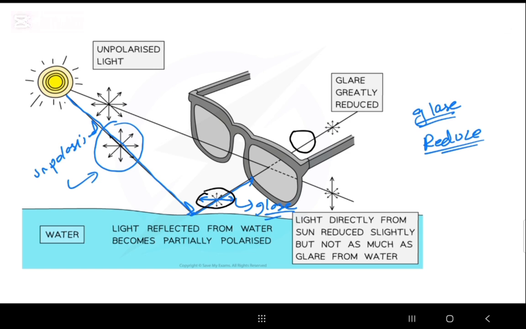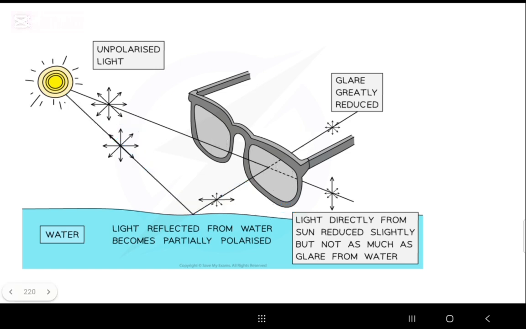So what we do is we want to get rid of this horizontal component. So we're going to wear glasses that are vertically polarized. Now, what I mean by vertically polarized is that their axis of transmission is vertical.